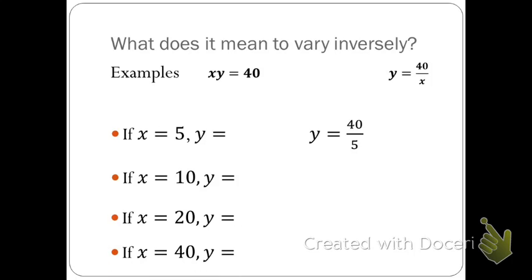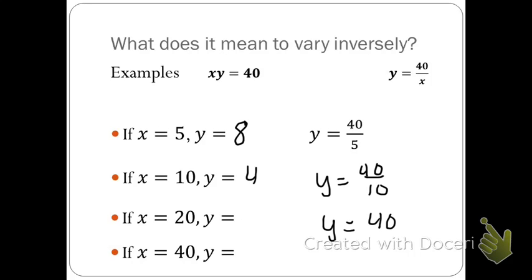And that's great, but what happens if we change x to 10? Well, 40 divided by 10 is now 4. So our x value has gone from 5 to 10, and our y value has gone from 8 to 4.